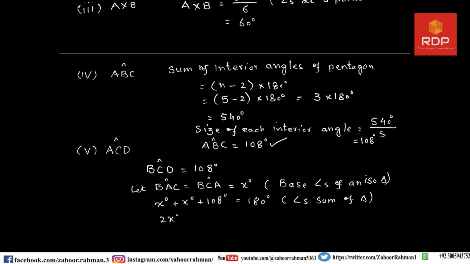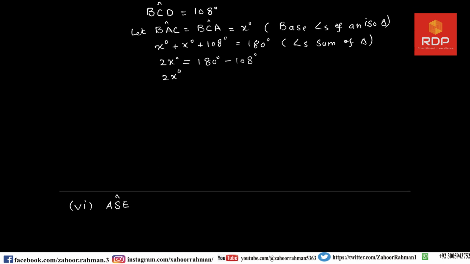Now we can calculate 2x degrees is equal to 180 degrees minus 108. So 2x degrees is equal to 72, and x degrees is equal to 72 degrees divided by 2, which is equal to 36 degrees.